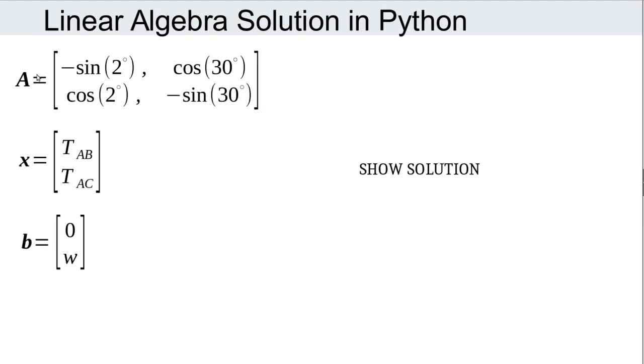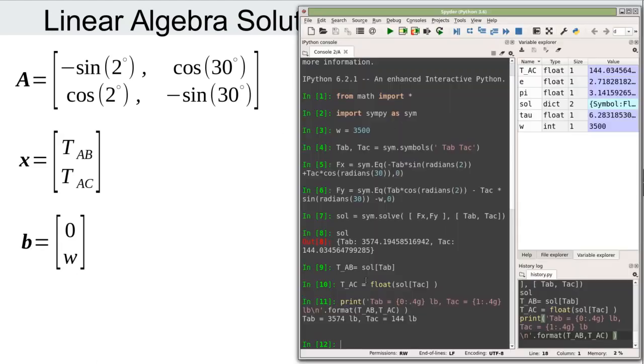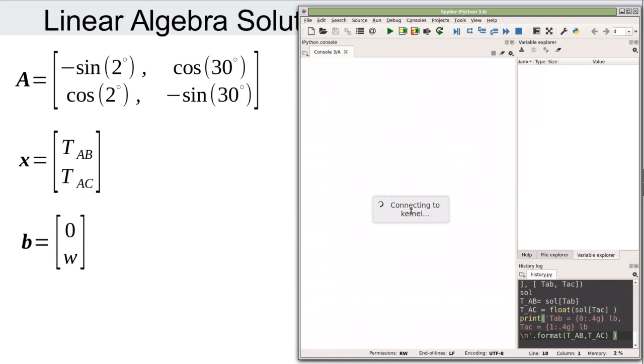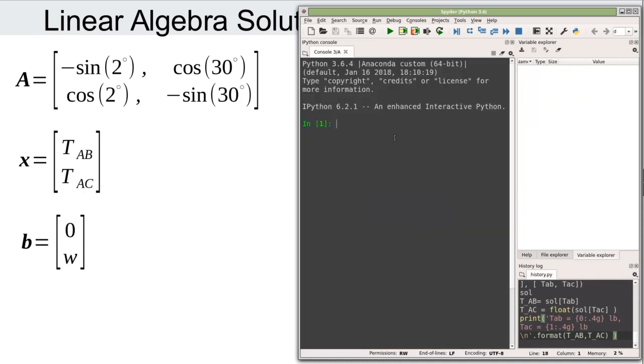So we'll write our A, X, and B, and we'll bring Spider back and clear it out. So we get a new kernel, and we'll still import our from math import everything.